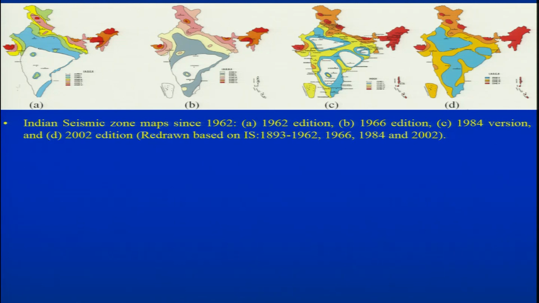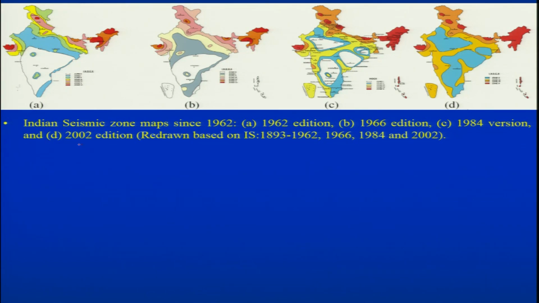In Indian seismic maps since 1962, the first one, A, is the 1962 edition, and then it came up in 1966 with a slight revision, then 1984 and 2002.